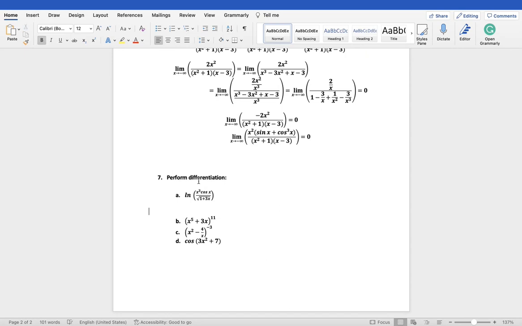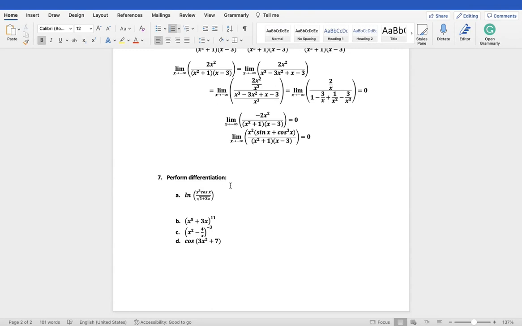We are asked to perform the differentiation of ln of x cubed times cos x over root of 1 plus 3x, right? So now the rule, if you don't have it, you can write it down.